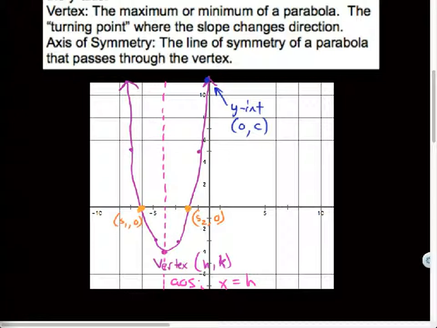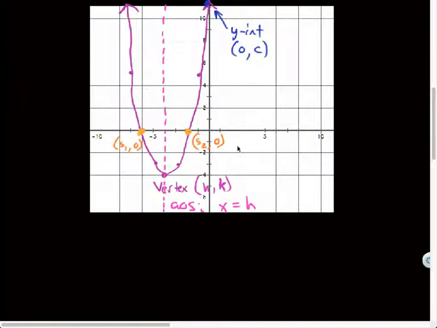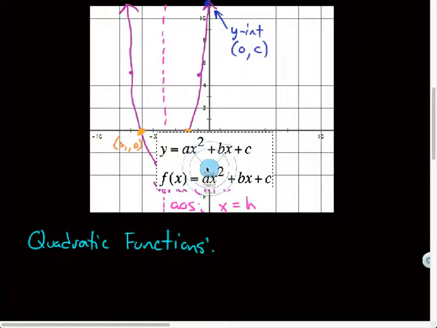So let's talk about quadratic functions more specifically. Quadratic functions are like the following. You could technically use different variables for some of these, but we essentially will have a couple possible names or types for them.